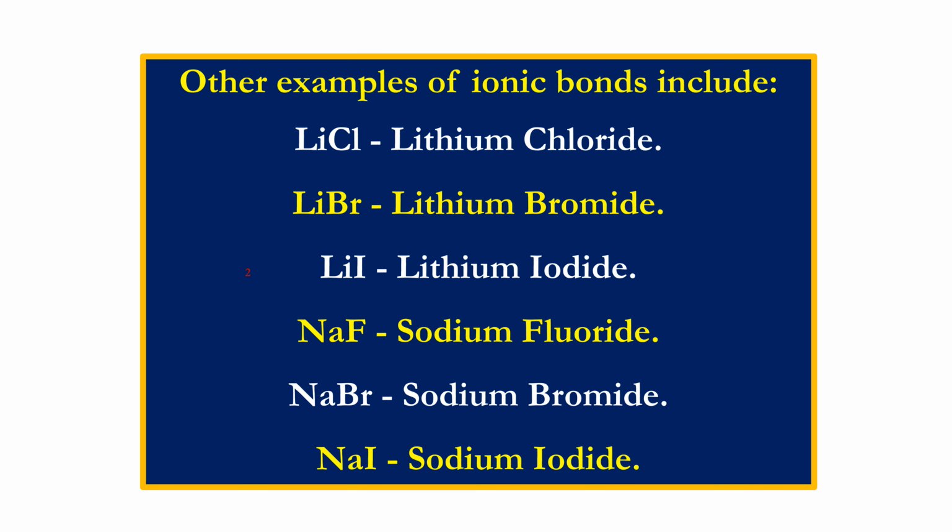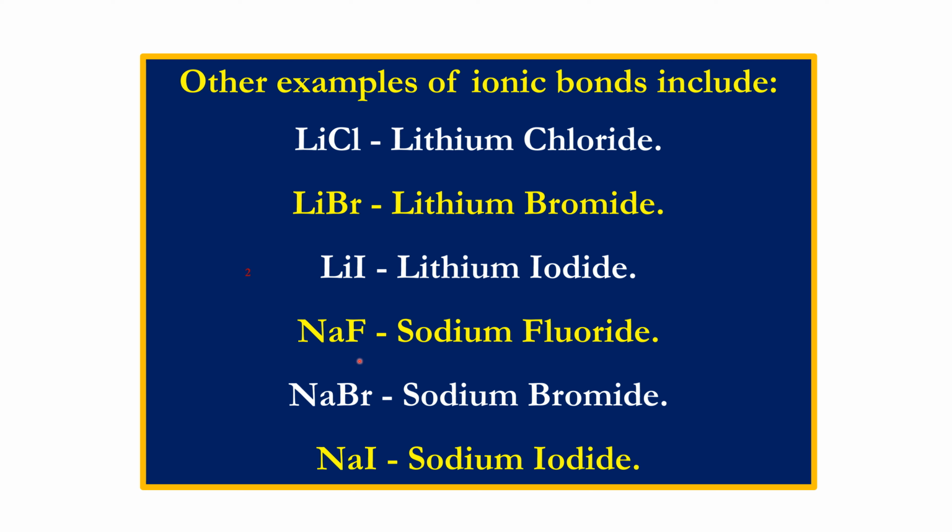Other examples of ionic bonds include lithium chloride. In lithium chloride, there is an ionic bond between lithium and chlorine. Lithium loses 1 electron, and that 1 electron is gained by chlorine. In lithium bromide, lithium loses 1 electron, and that 1 electron is gained by bromine.